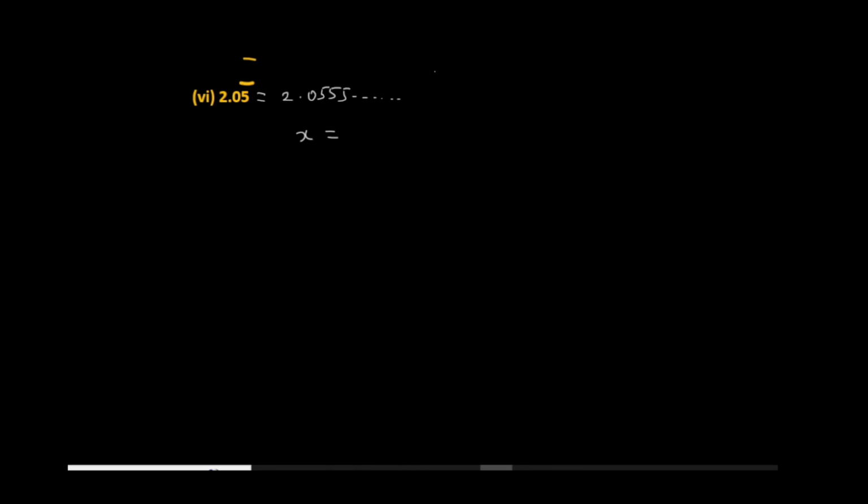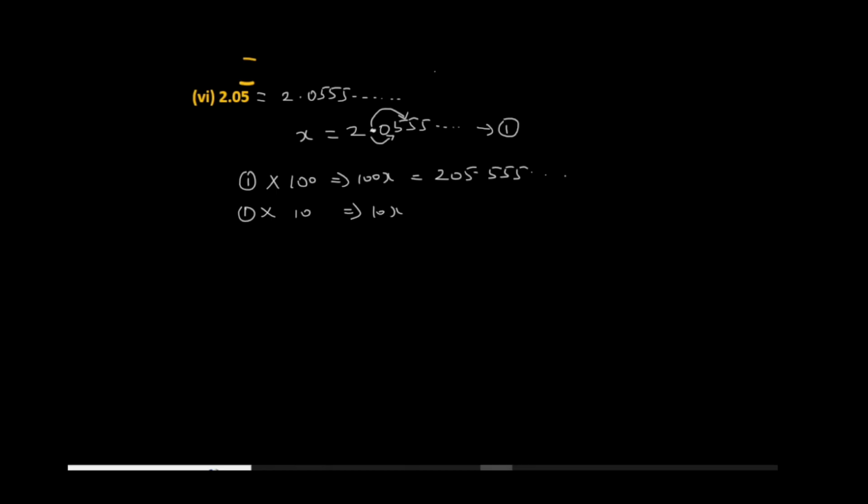So let's take x is equal to 2.0555 etc. as our first equation. Now we need to move our decimal to here as well as here, then only we can make our decimals the same. So 1 into 2 digits, 100. So 100x is equal to 205.5555 etc. Then 10x is equal to 20.555 etc.